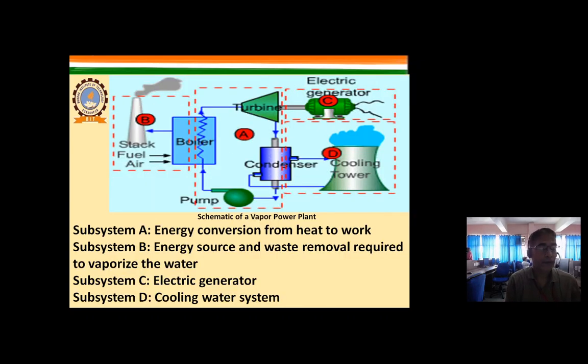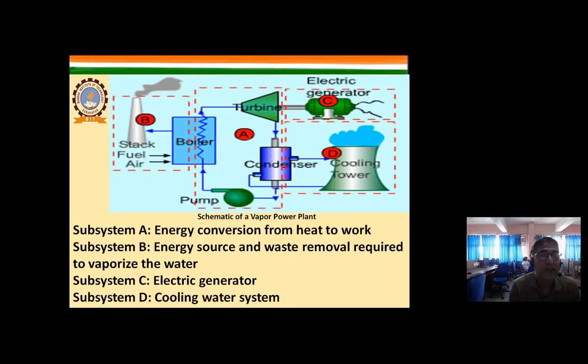A vapor power plant generates electrical power by using fuel like coal, oil or natural gas. The diagram of a vapor power plant is shown in the figure. The entire power plant can be broken into four subsystems.